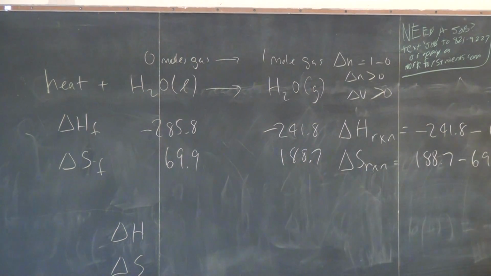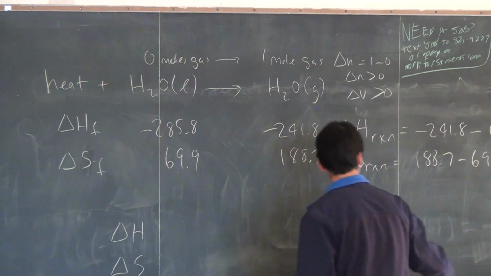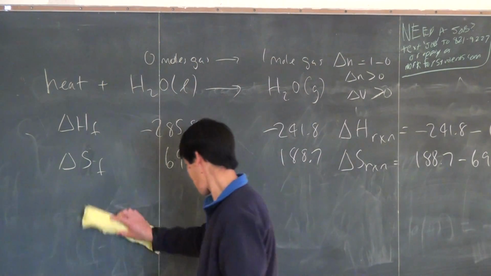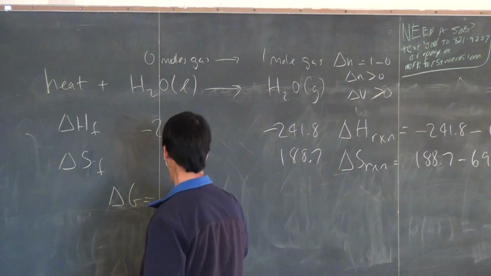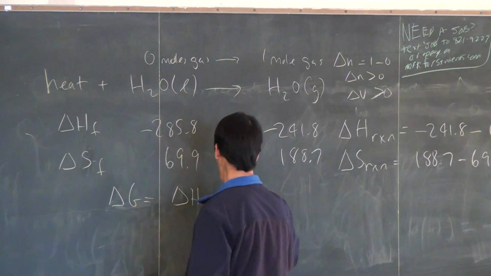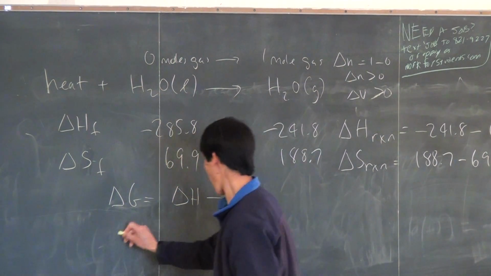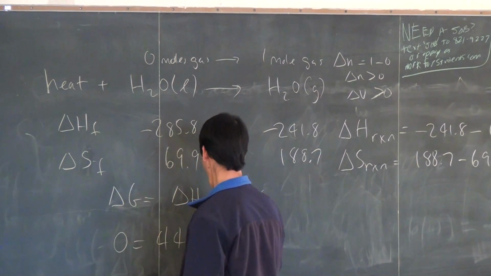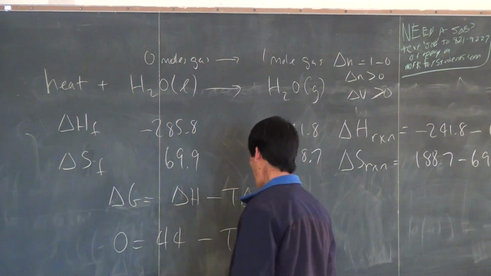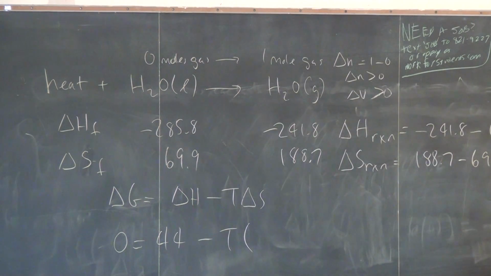Now we can plug it into that equation I just erased. Note that delta H is in kilojoules per mole and delta S is in joules, so we want to convert from either kilojoules to joules or joules to kilojoules.